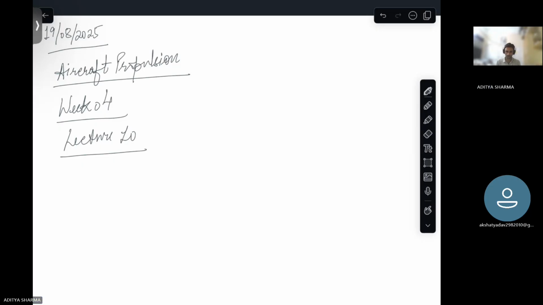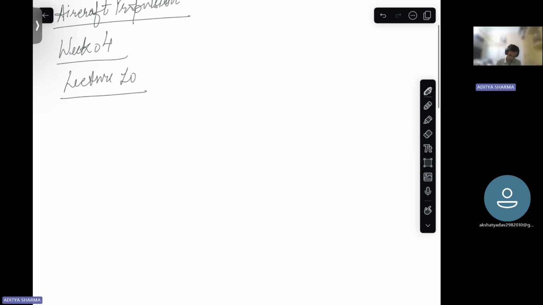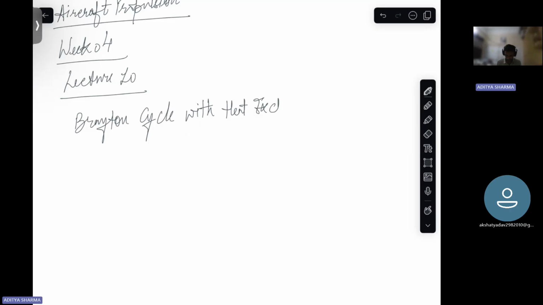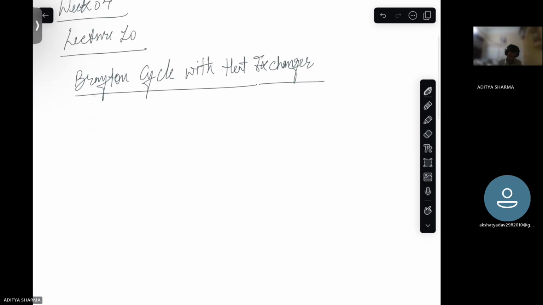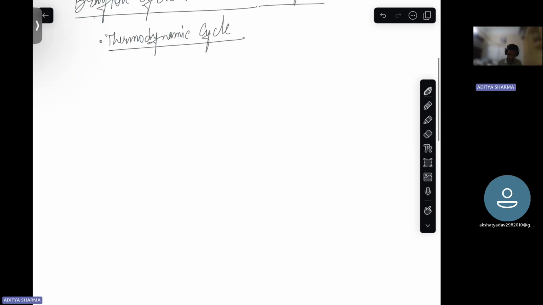Brayton cycle with heat exchanger. I'll draw the thermodynamic cycle, basically the TS diagram.